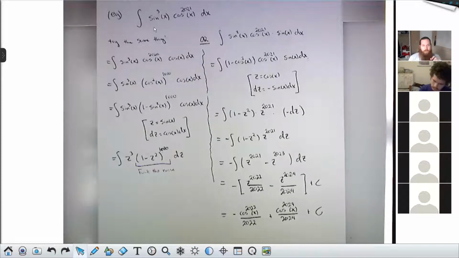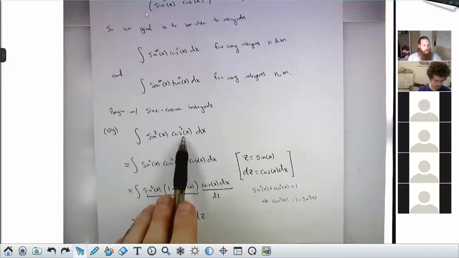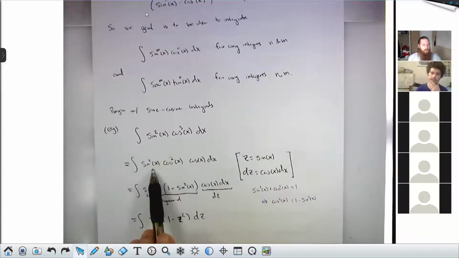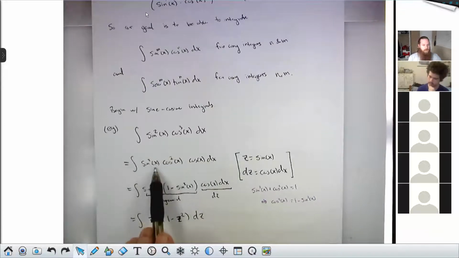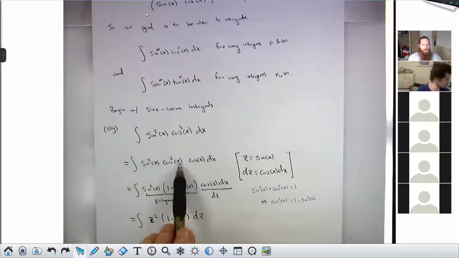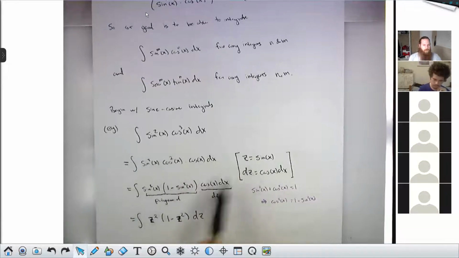Sorry, I should say this more carefully. If only one of the powers is odd, like the previous example, you're going to grab one of these and set it aside with the differential and substitute for the other guy, substitute for the even function. Once you grab one of your odd powered guys and set him aside, what's left will be an even power, can be rewritten in terms of the other function, and then you substitute for that other function.